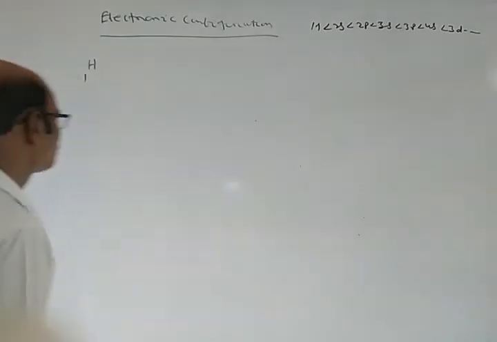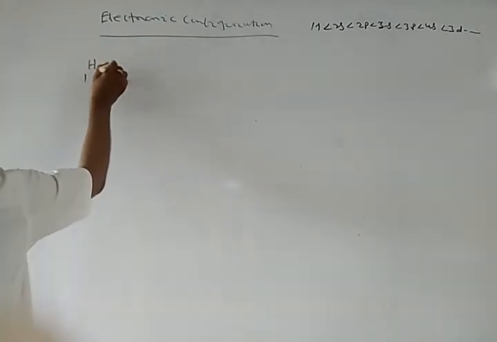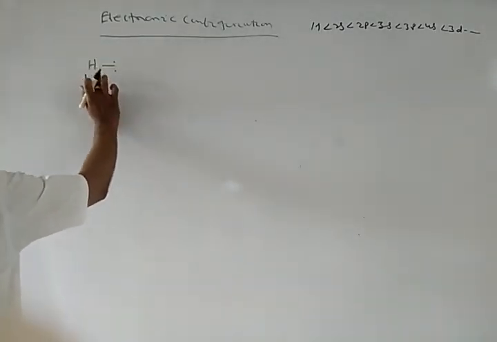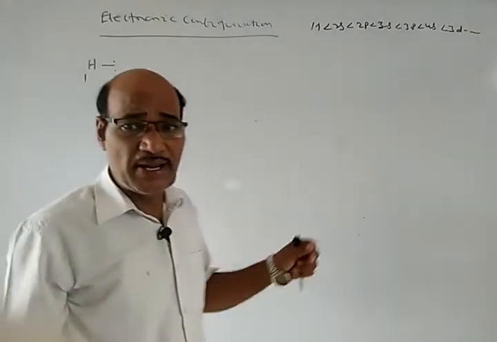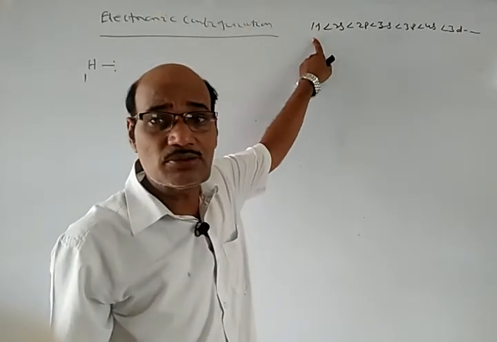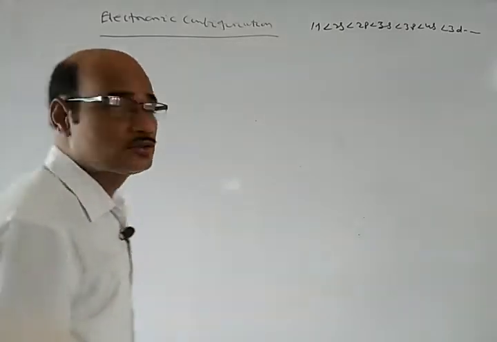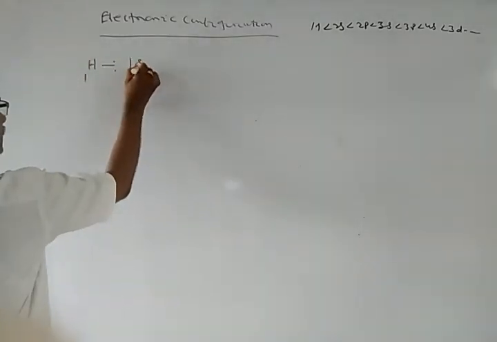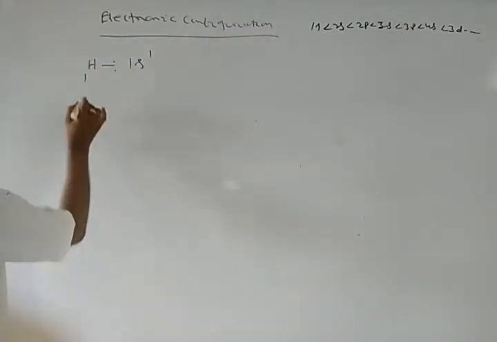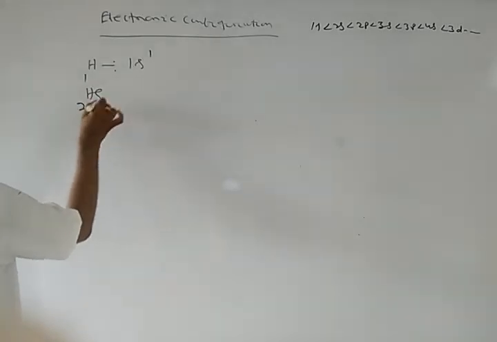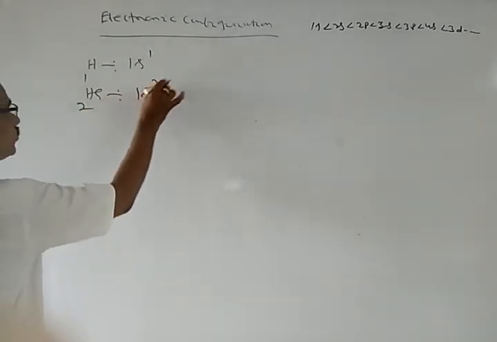So hydrogen has 1 electron. The first electron will enter into what? The first orbital is 1s. So it is 1s1. Now helium 2, 1s2.